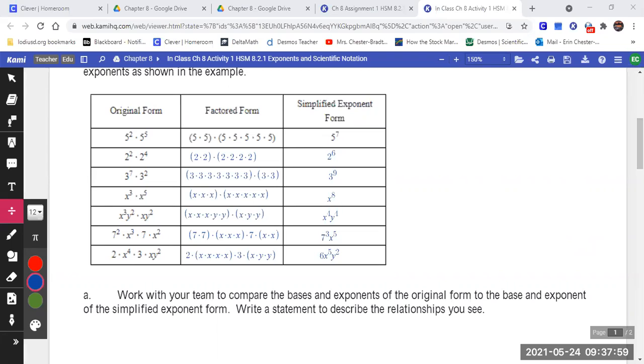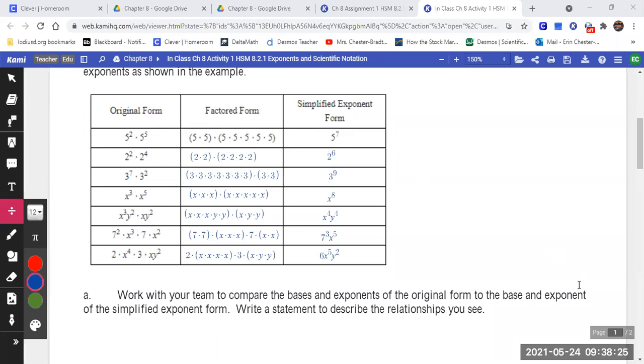Same base, 5 with 5 with 5, yes. 2 with 2 with 2. Those are called bases, not variables. Okay, same base. But what happened with the exponents? What do we know? Look at the pattern. See if you could see a pattern on what happened with the exponents every single time.